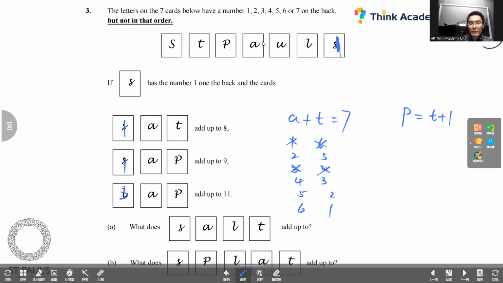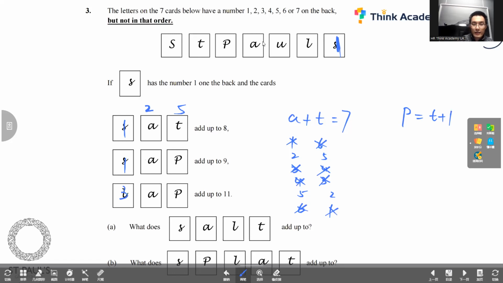So that means we can only have 2, 5, or 5, 2. Anything that involves 3 or 1 won't work, because T cannot be 3 or 1 either. 1 and 3 are taken and occupied by S and L. So what's left for us? The choices are only 2 and 5 or 5 and 2.